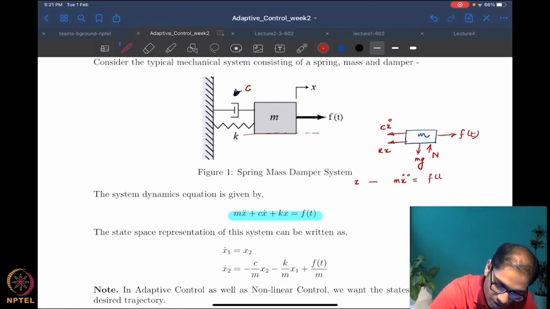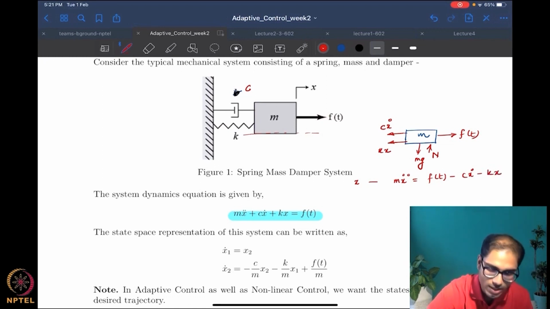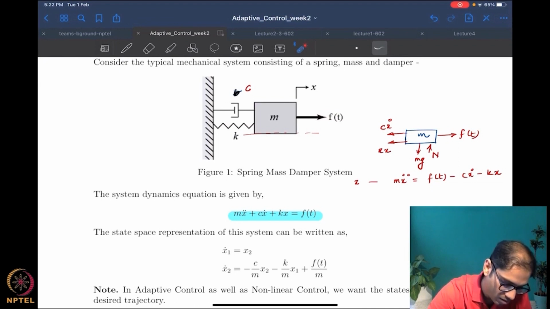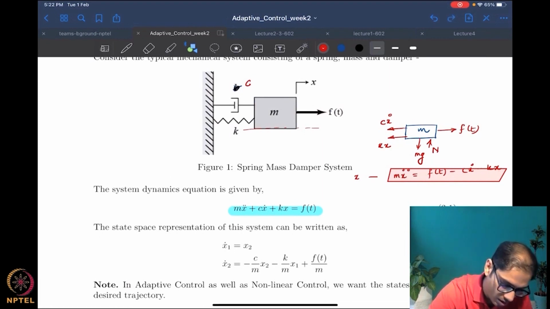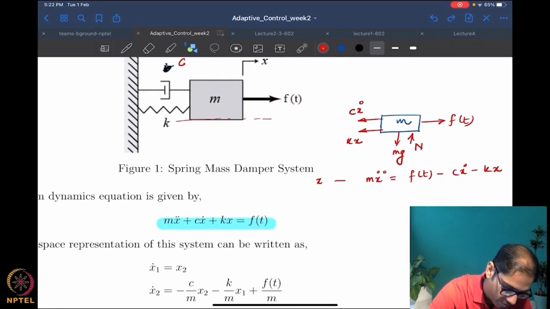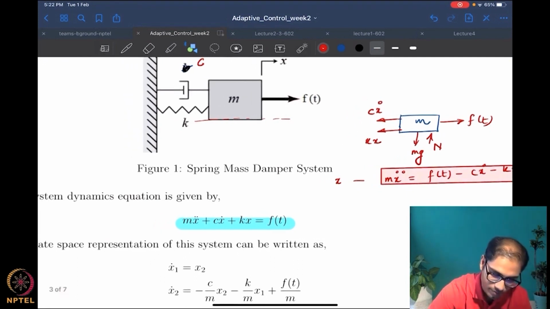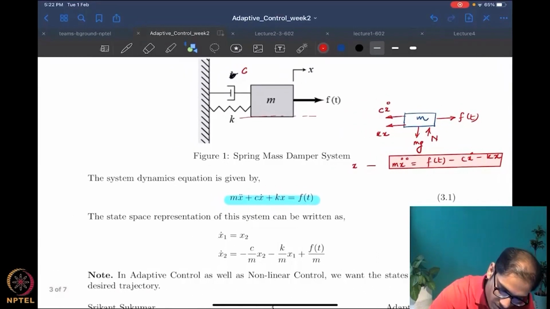The only positive force is f of t, and then you have minus c x dot and minus k x. So this concise form of Newton's law has been written.